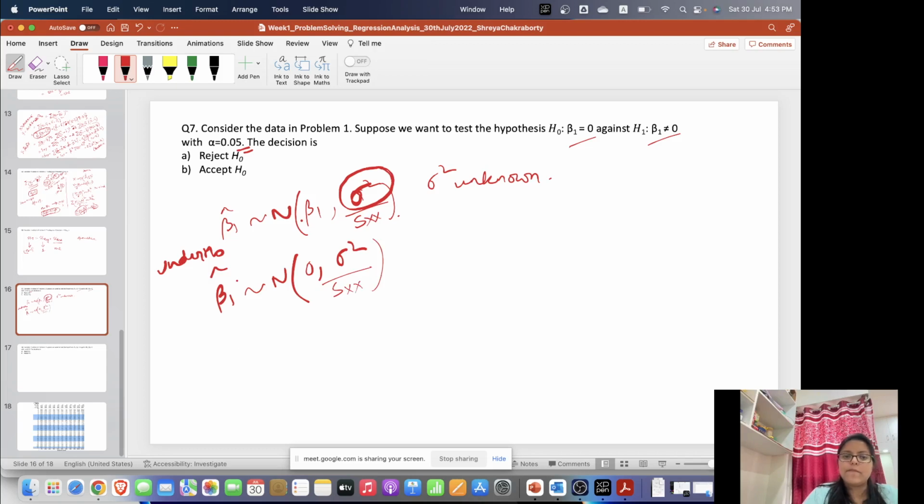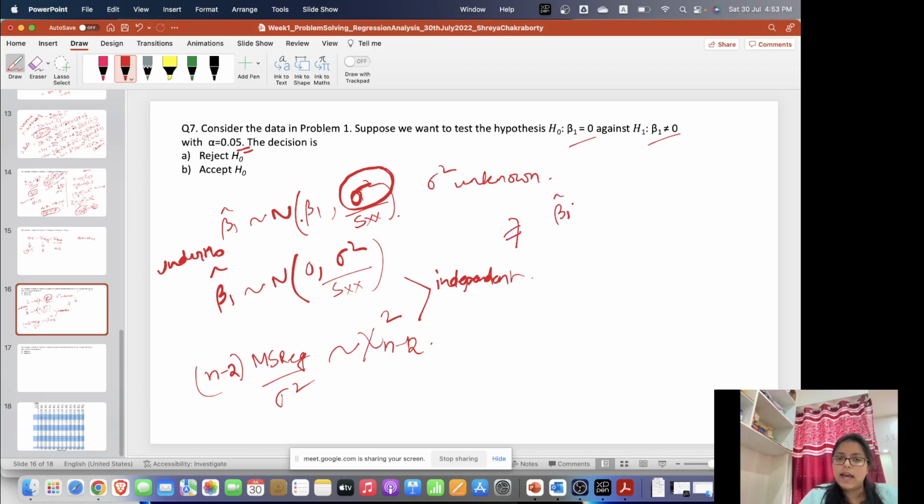And we have also seen n minus 2 ms residual by sigma square follows chi square n minus 2, and they are independent. So beta 1 hat by root over sigma square by sxx under h naught follows normal 0 1.